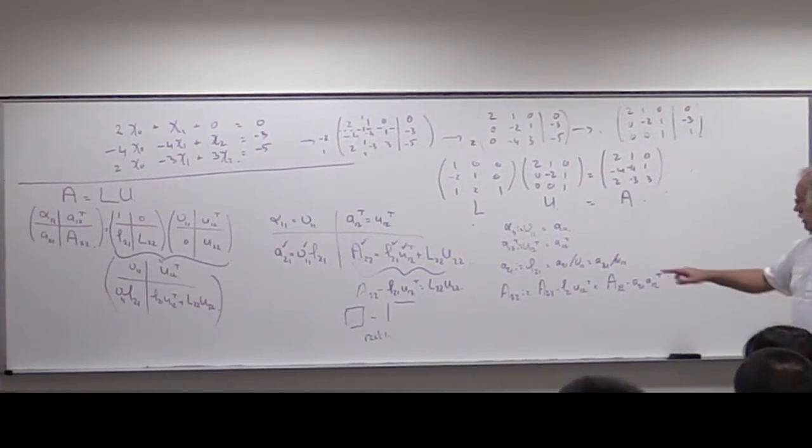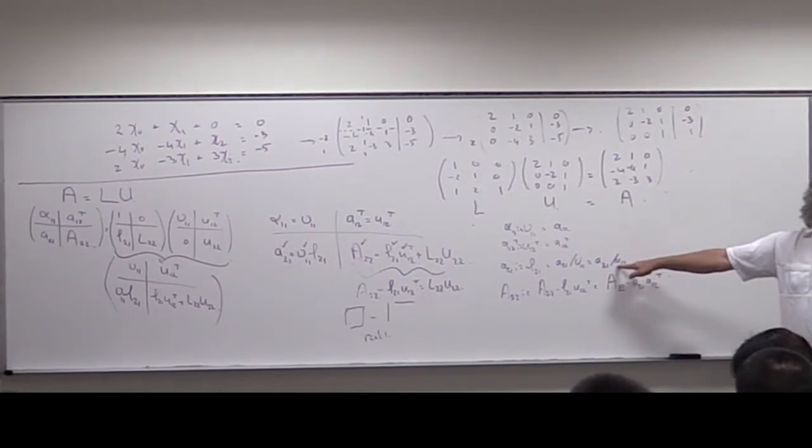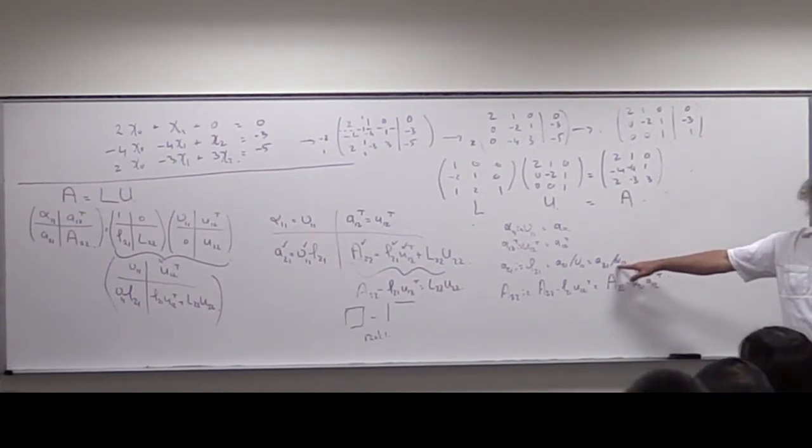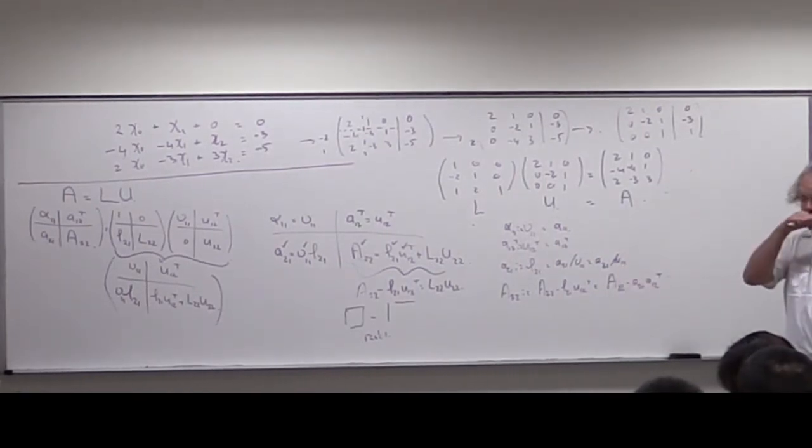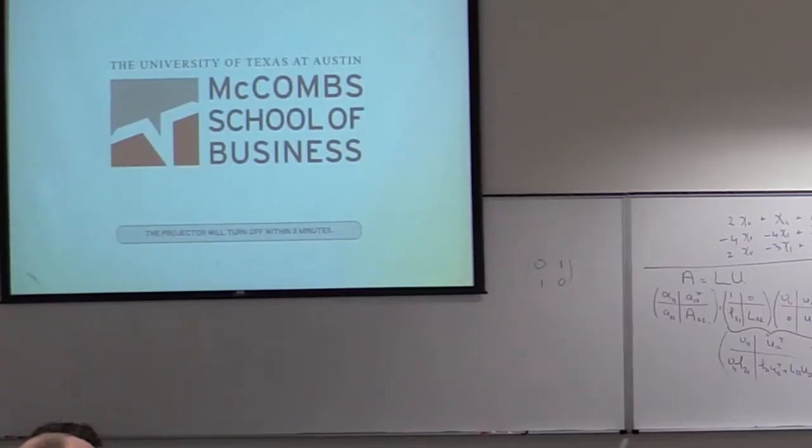Dividing by 0. If you ever divide by 0, right? Actually, if you divide by something small, we're going to see that's also a bad idea. But strictly speaking, in exact arithmetic, if you ever divide by 0, you're a host. You with me? Okay.